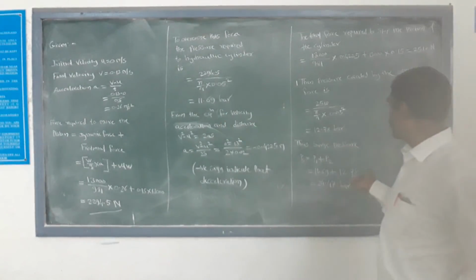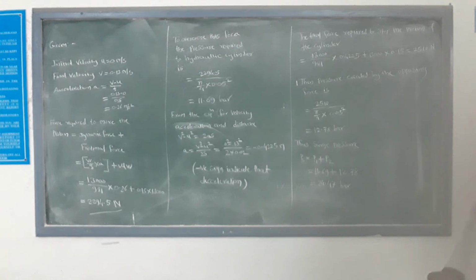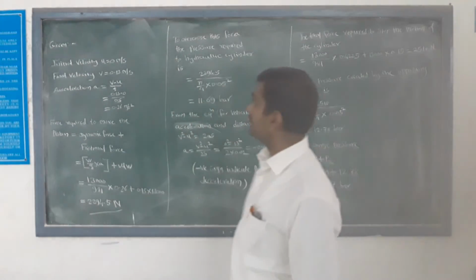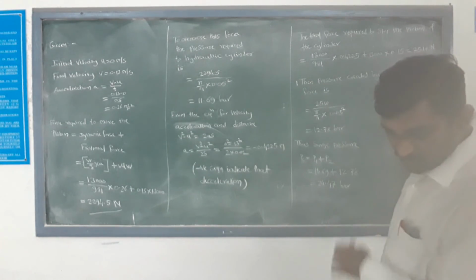So in this way, we have found the surge pressure: 24.47 bar.